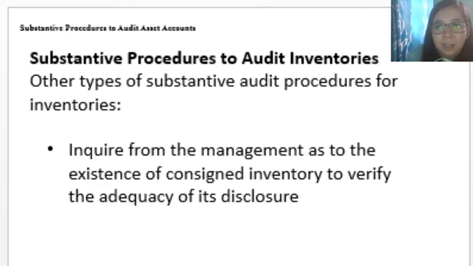Another is the auditor can also inquire of management as to the existence of consigned inventory. The purpose of this is to verify the adequacy of the required disclosure for consignment transactions, because aside from financial statements, disclosures are also required by the framework or the standard.